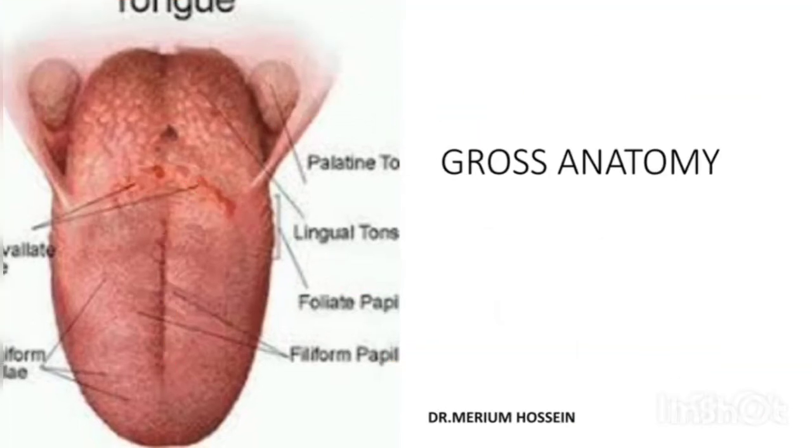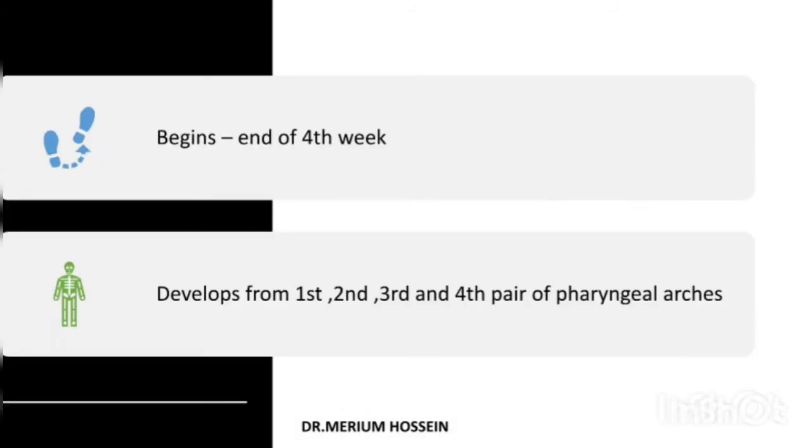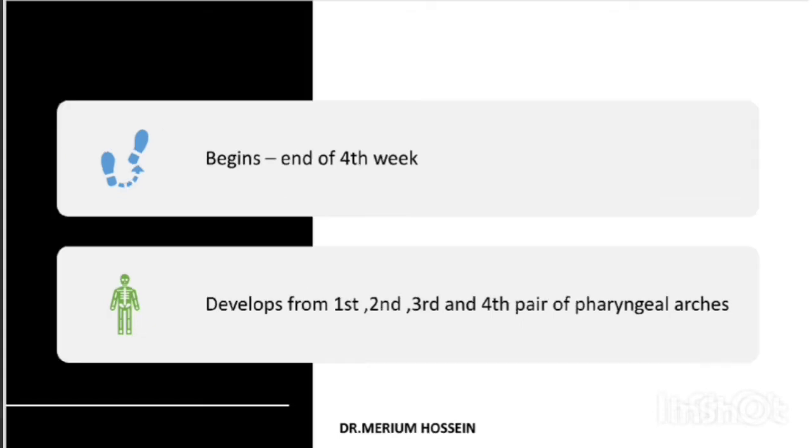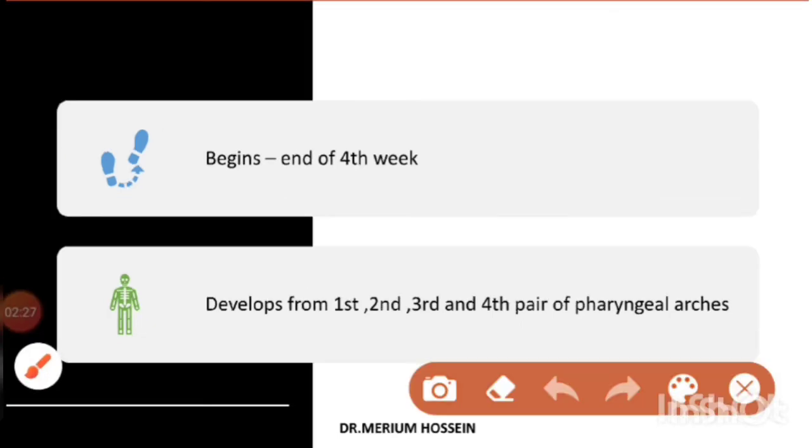So let's now move on towards the development. I'll be discussing the development in two parts. The first part will be the formation of anterior 2/3 and the second part will be the formation of posterior 1/3. Two basic points that you need to know before starting: when does the development of tongue start? This begins by the end of fourth week.